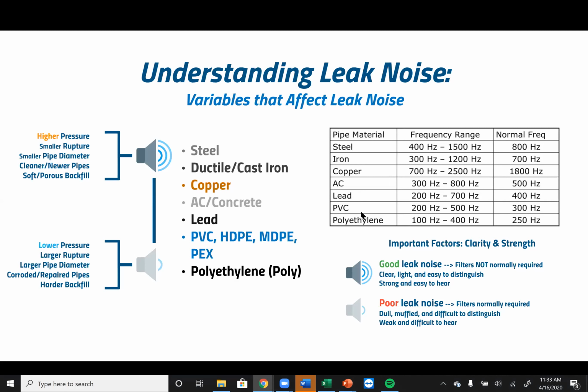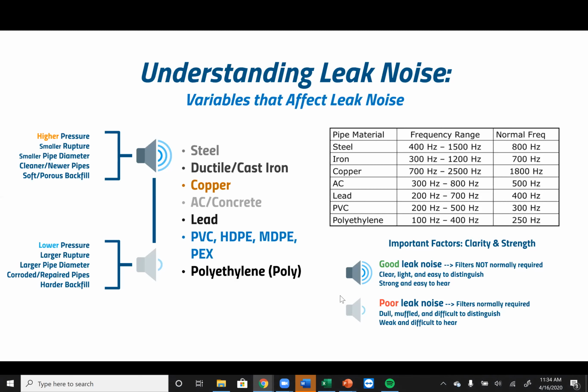If you take a piece of ductile iron pipe and rap a hammer to it, it's going to make a higher ting, ting, ting sound. If you take the same hammer to a piece of PVC, it's going to make a lower thud, thud, thud sound. That is the hertz. That's the pitch that you're hearing. The zone scan loggers have a hearing range that will allow them to hear those various ranges.